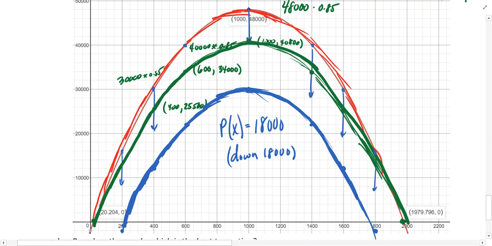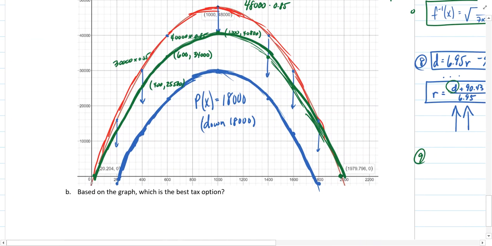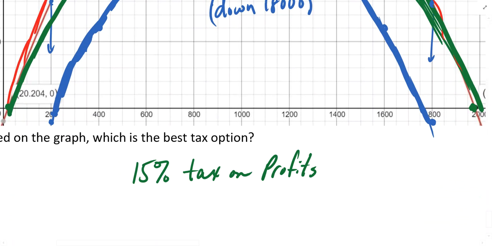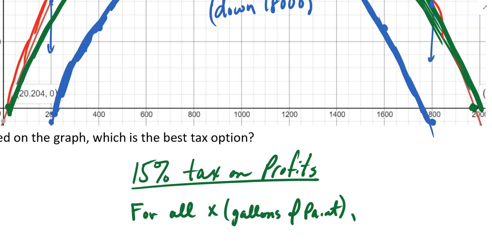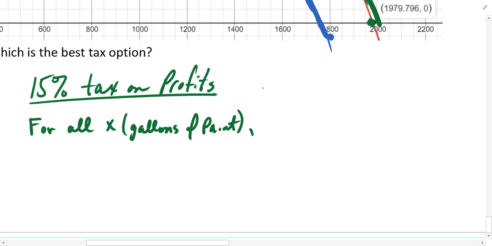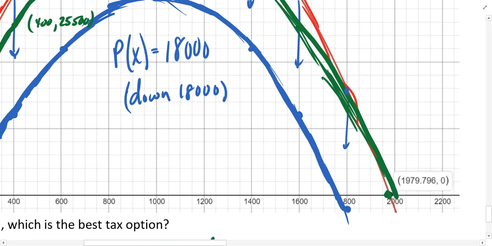So when given the option to choose either a 15% tax rate or a flat tax of $18,000, it certainly looks like the best tax option is the 15% tax on profits. And the reason why we would say that is because for all X values, which represents the gallons of paint sold, the profit along that green line is always greater than the $18,000 flat tax option.